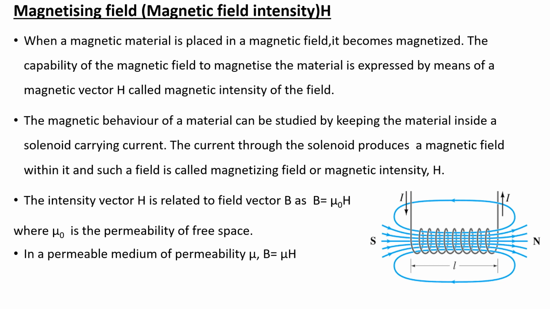The third vector is the magnetizing field or magnetic field intensity vector H. When a magnetic material is placed in a magnetic field, it becomes magnetized.